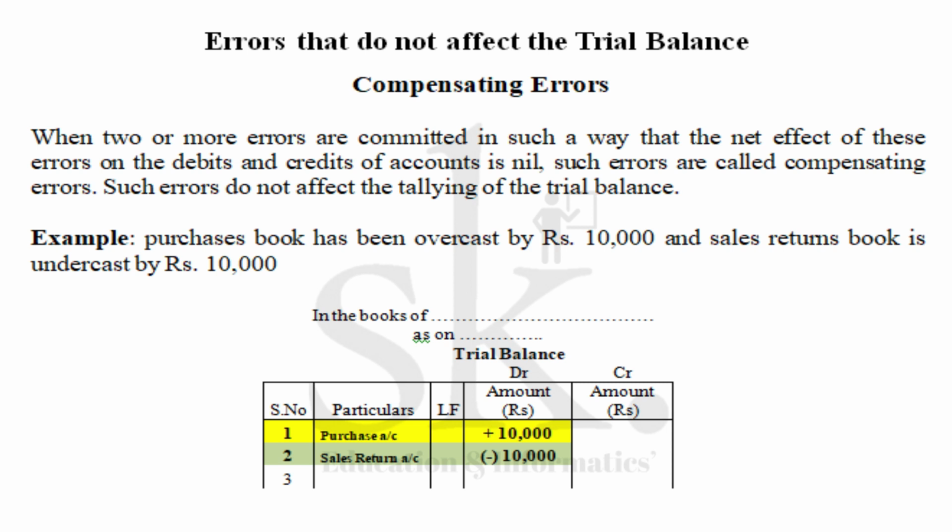So you have purchase on the debit side overcasted by 10,000, and sales return also on the debit side undercasted by 10,000. Ultimate effect is zero. Because on one side you have overcasted 10,000 on the debit side, and on the other side you have reduced 10,000 because you have undercasted sales return by 10,000 on the debit side. Overall impact is zero. So this is what is said to be a compensating error.